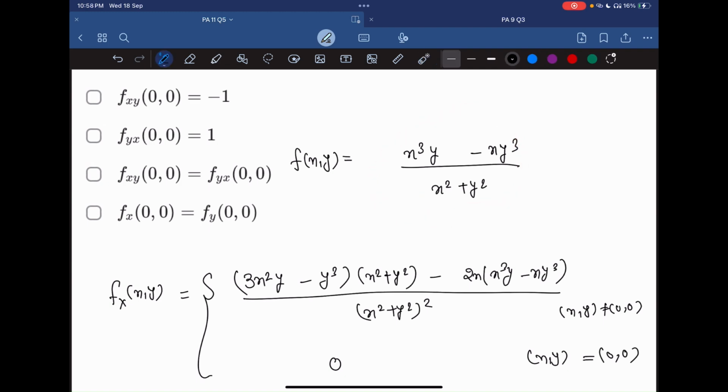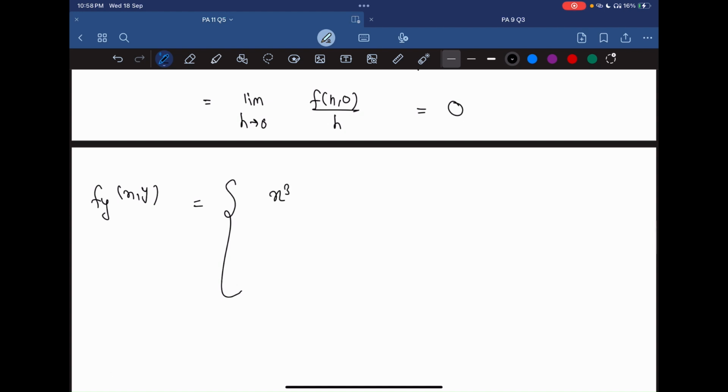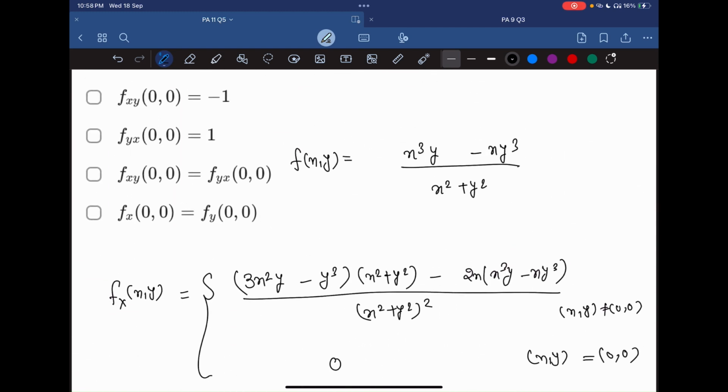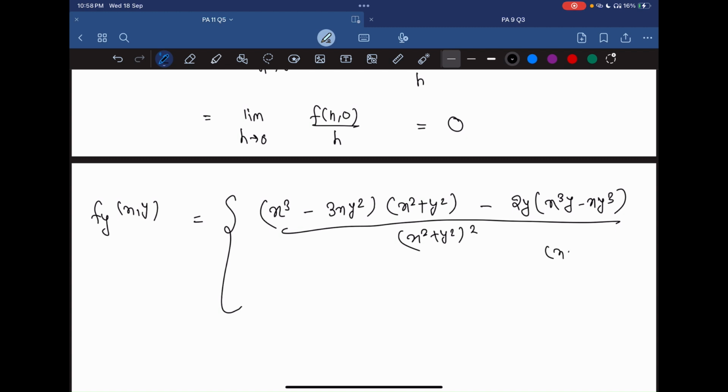It would be (x cube minus 3x y square) times (x square plus y square) minus 2y times (x cube y minus x y cube), divided by (x square plus y square) whole square, when (x, y) is not equal to (0, 0).